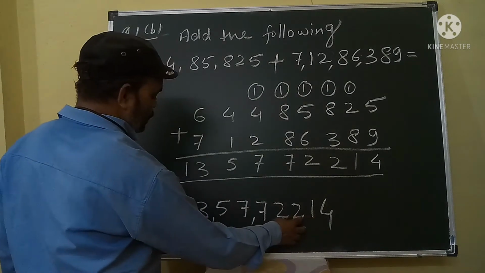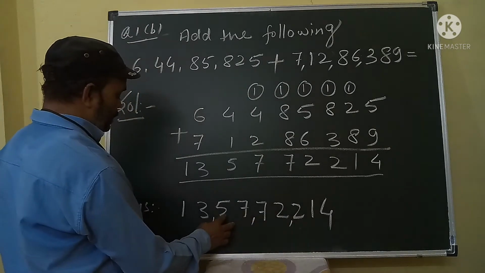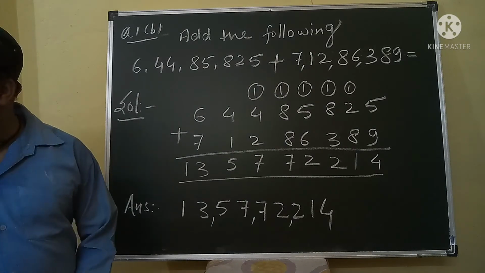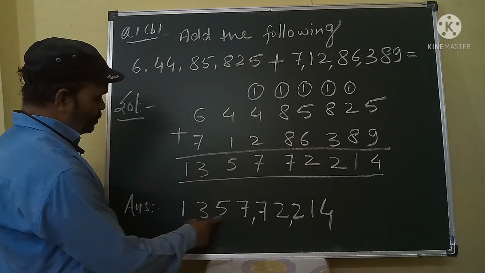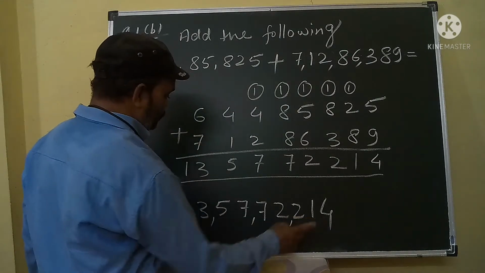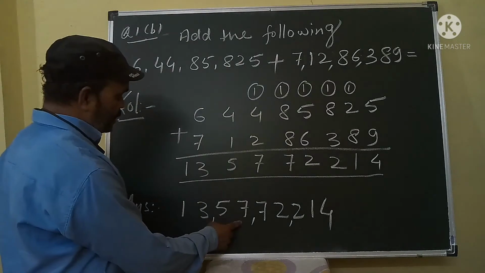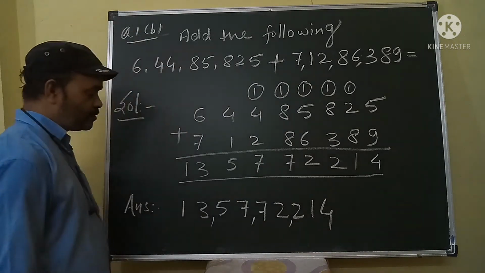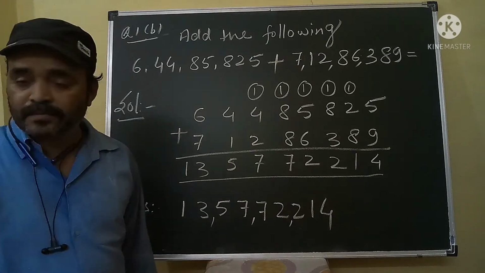Ones, tens, 100, 1000, 10,000, lakh, 10 lakh, crores, 10 crores. So you can read this number as 13 crores, 57 lakh, 72,214. This is your required answer.